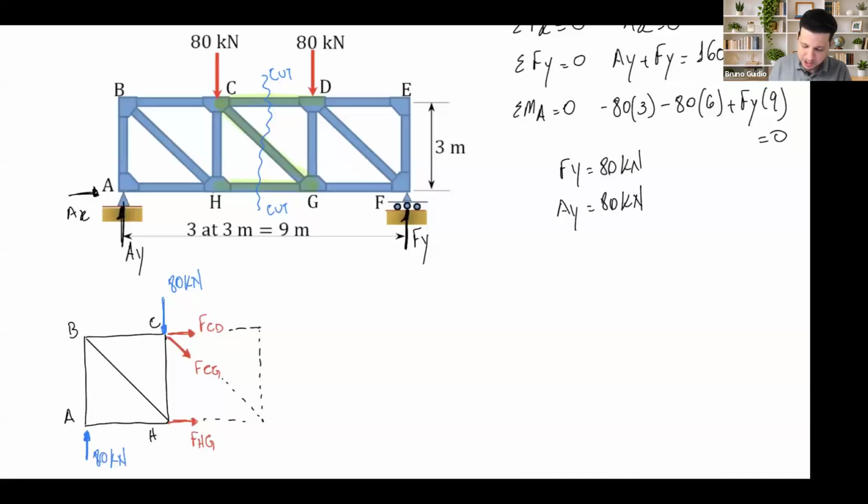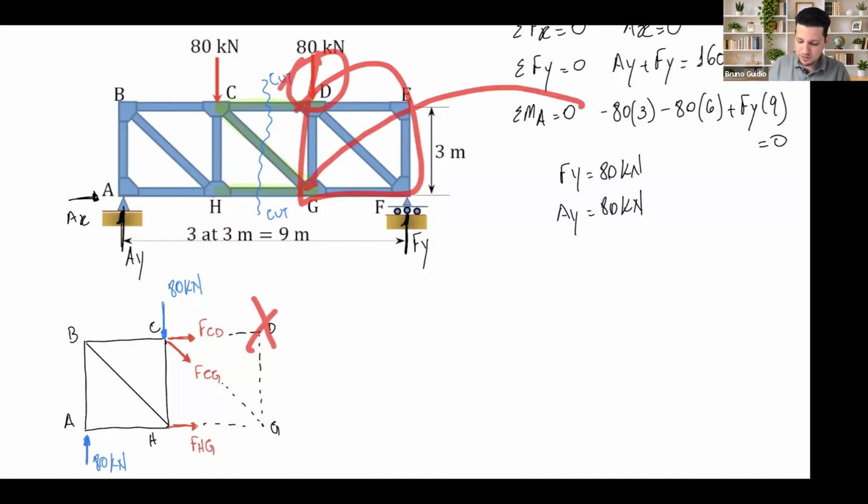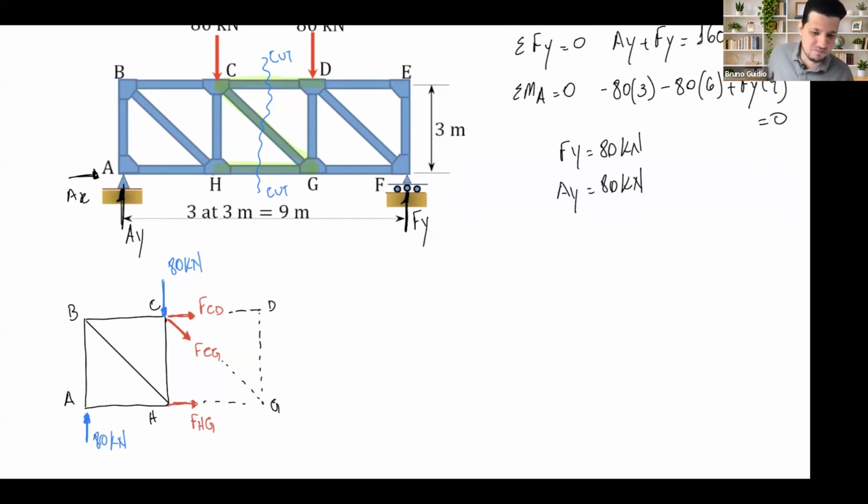This completion is not part of my section, so I'm just drawing the distance. I'm not bringing the 80 kilonewtons at point D because that part was thrown off. I'm just using the distance here, maybe to calculate any of the moments, and then I can start the problem.